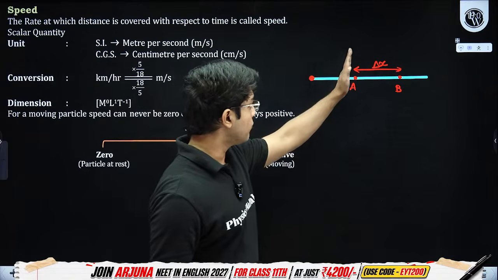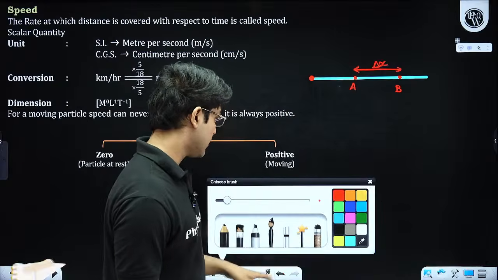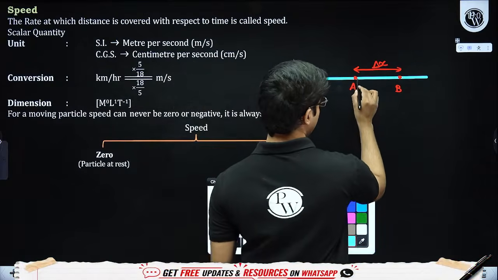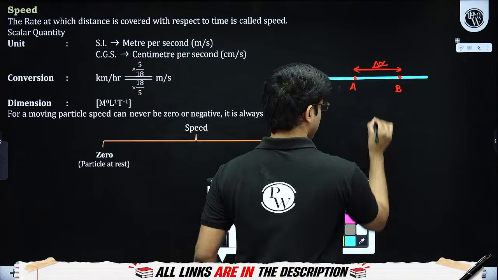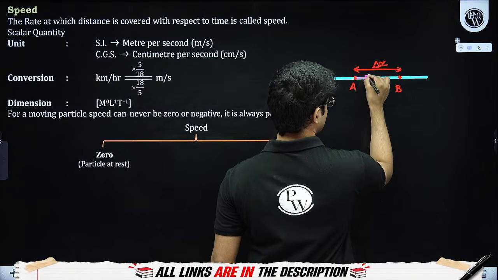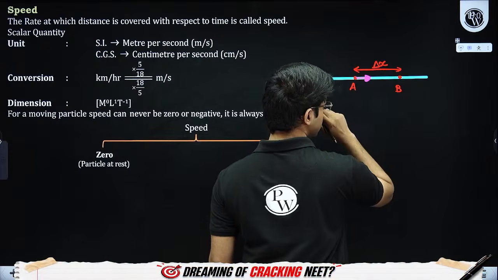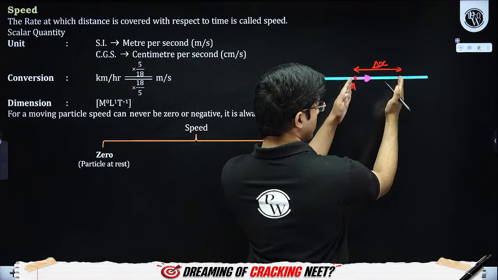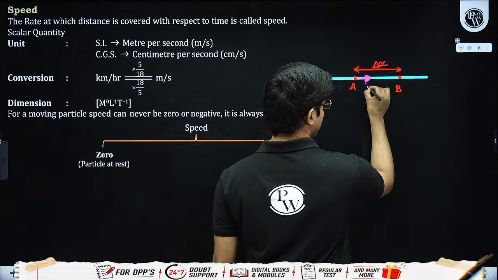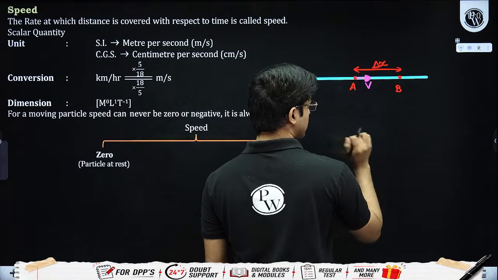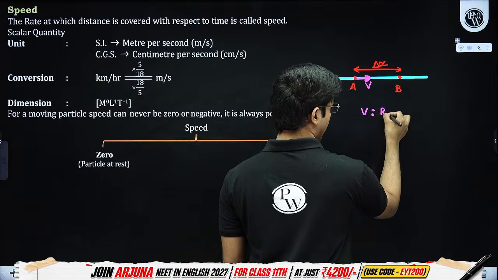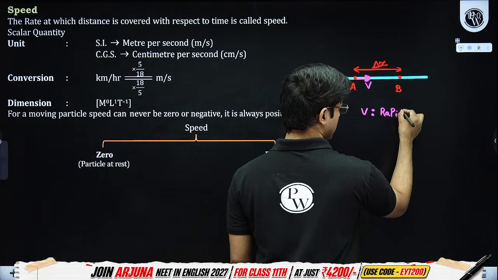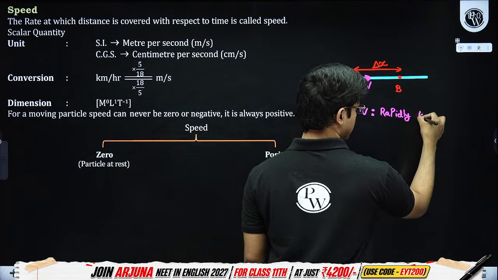So if he goes from A to B, he can go from A to B super fast or super slow also, right? He can cover this delta x distance in a long time or in a very short time. To quantify that we have the speed. So the speed you can say is basically how rapidly the distance is covered.